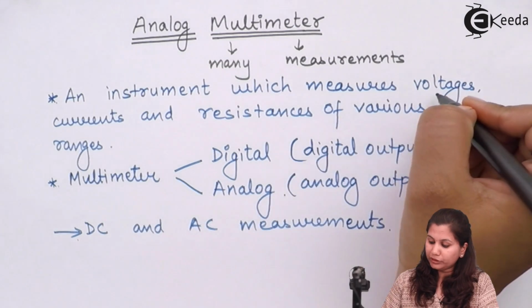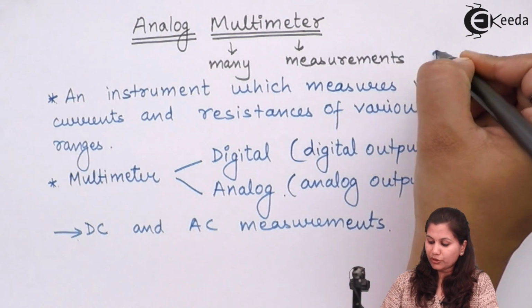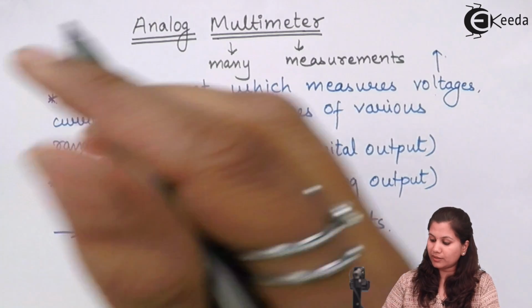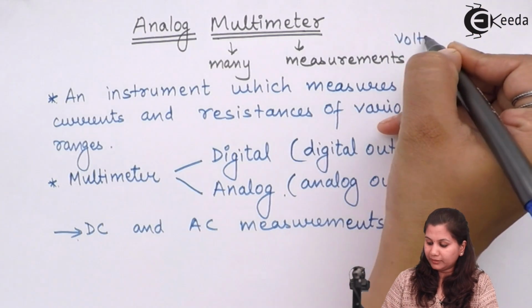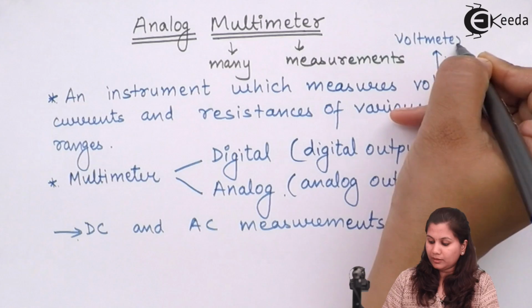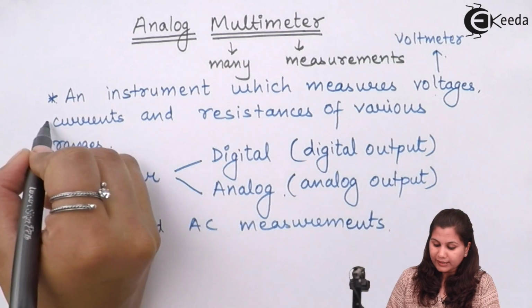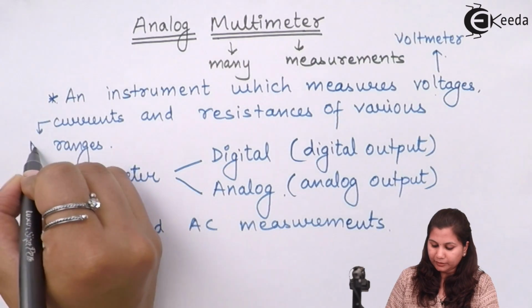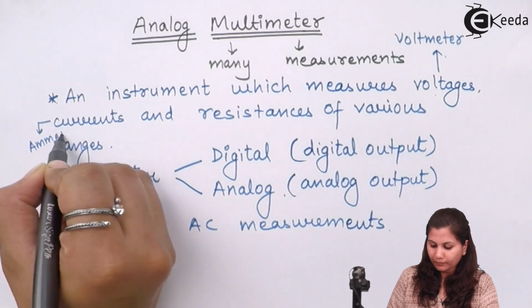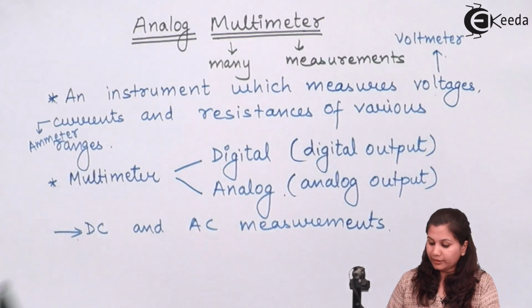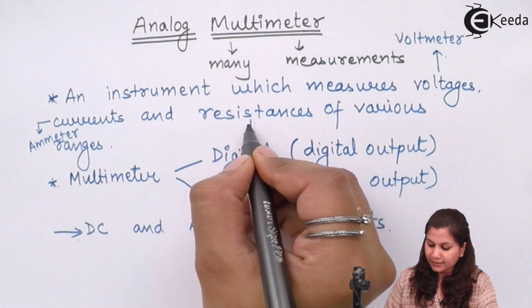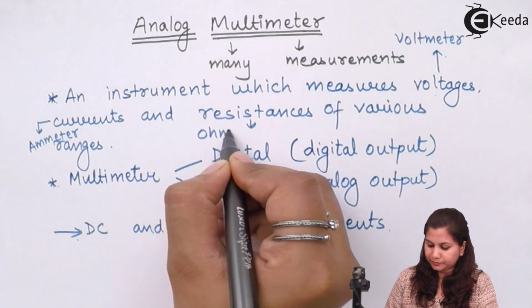Now we know that the instrument which measures voltage is called the voltmeter. The instrument which measures current is called ammeter. And the instrument which measures resistance is called ohmmeter.